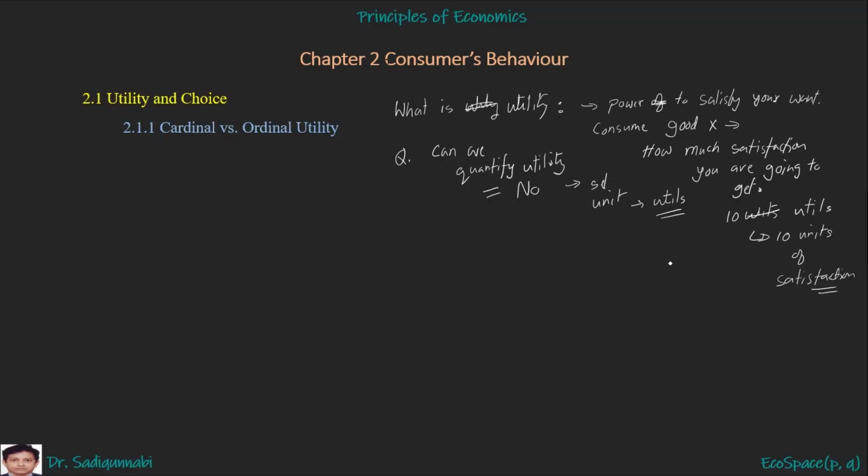But there is a problem in quantifying the utility. What is the problem? Suppose person A says that the utility I'm getting from good X is 10. Person B can say that I'm getting utility maybe 11 or maybe 12 or something else. So here is a problem. This problem is called interpersonal comparison of utility. That means utility varies from person to person.